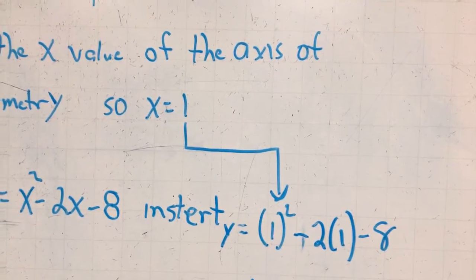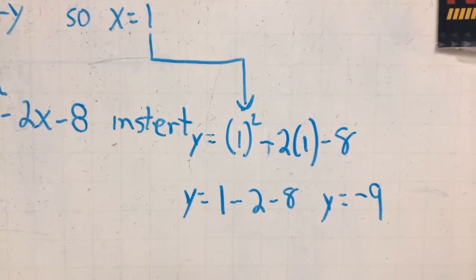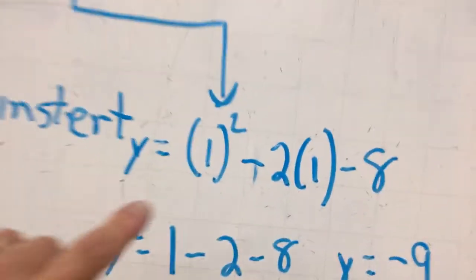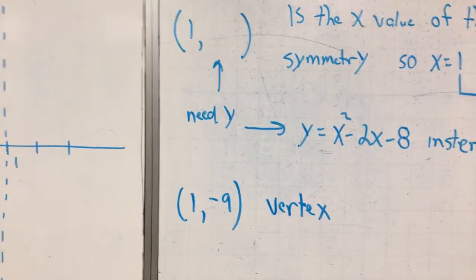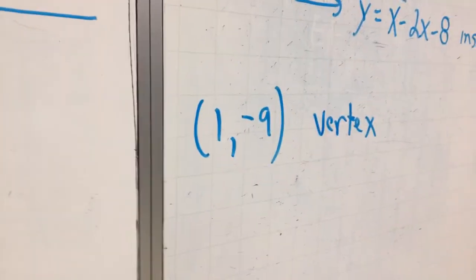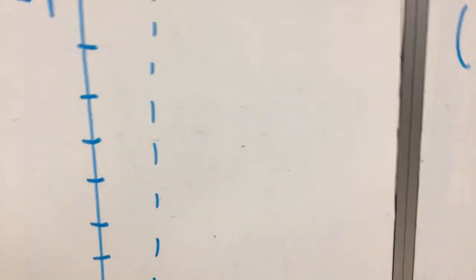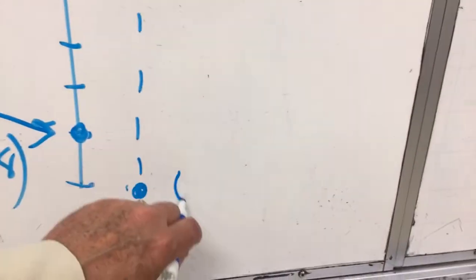That looks like a plus sign, doesn't it? Minus 8. And if you do all that, 1 minus 2 minus 8, y is equal to negative 9. Y is equal to negative 9. All right? So now I know the vertex. Okay? Now, is that point below my y-axis intercept because this parabola opens up? You betcha. There it is. There's my vertex.